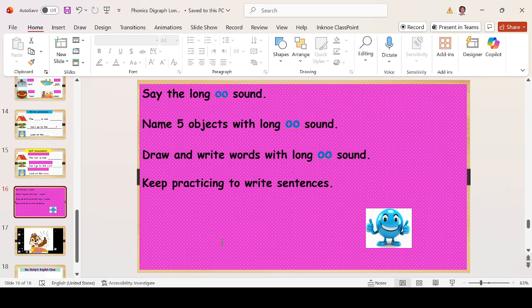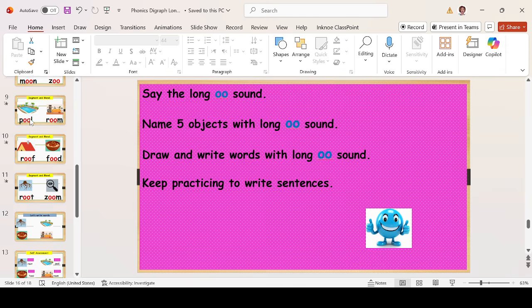I want you to say the oo sound. Shape your mouth. Ooh, ooh, ooh. Very good. Now, can you name 5 objects with a long oo sound? Where are the objects? Do we have them here? I'll just show you.